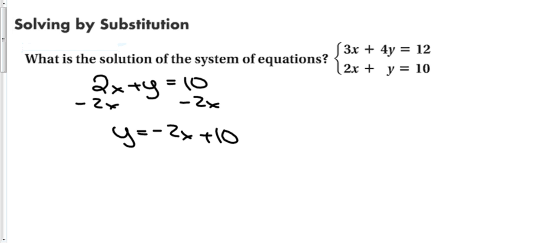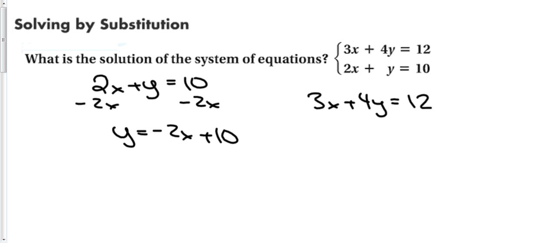Now I'm going to rewrite my first equation: 3x plus 4y is equal to 12. The key to substitution is that I am going to replace y in my first equation.